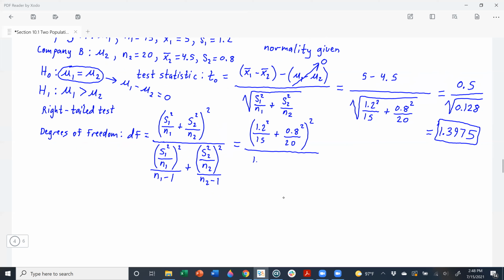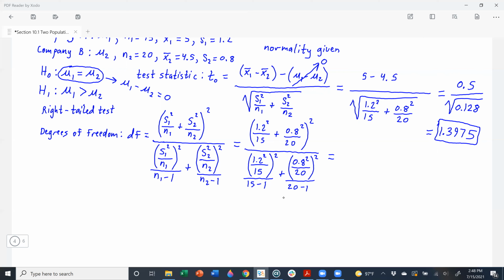So we've got the 1.2 squared over 15 for its sample size, and all that gets squared. And then down here, N1 minus 1, that's 15 minus 1. Plus the 0.8 squared divided by the N2 sample size, and square all of that. And then N2 minus 1 is 20 minus 1.